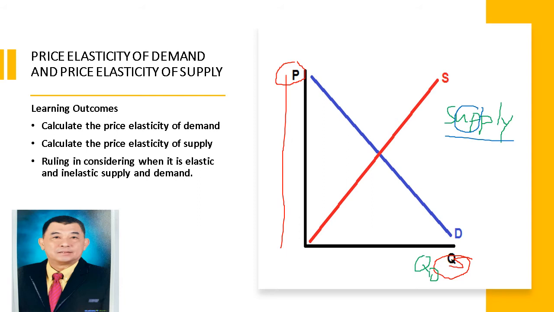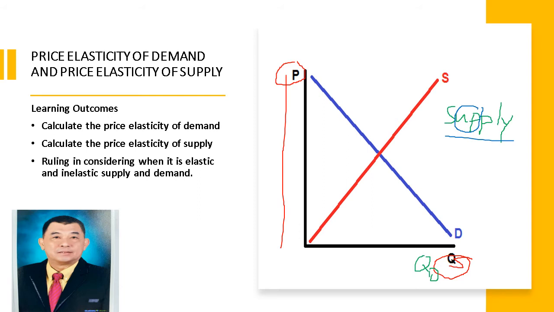So price elasticity is computed as the percentage change in quantity demanded or quantity supplied divided by the percentage change in price. So that is how price elasticity is computed. And again, it is the measure of the responsiveness of the quantity demanded or quantity supplied of a good to a change in price.